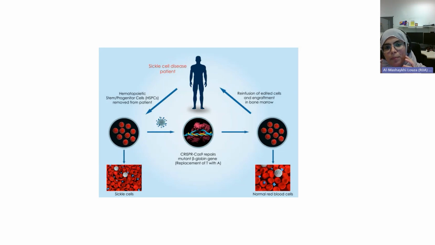After that, we give the patient chemotherapy, and after chemotherapy, we infuse the edited cells to the patient and wait for engraftment. After the infusion, during post-treatment recovery, patients are closely monitored for complications and definitely require extended follow-up care. Next slide.